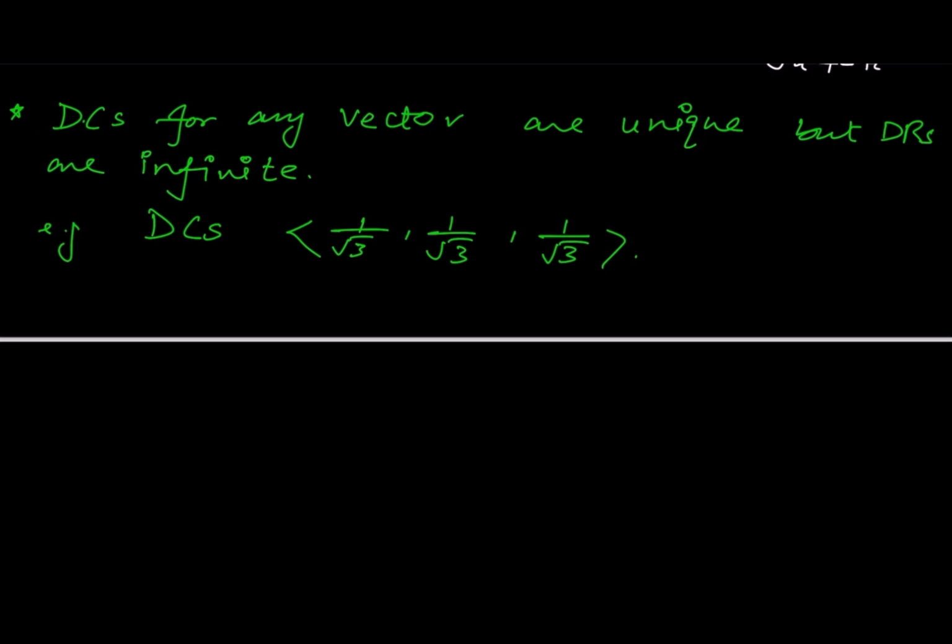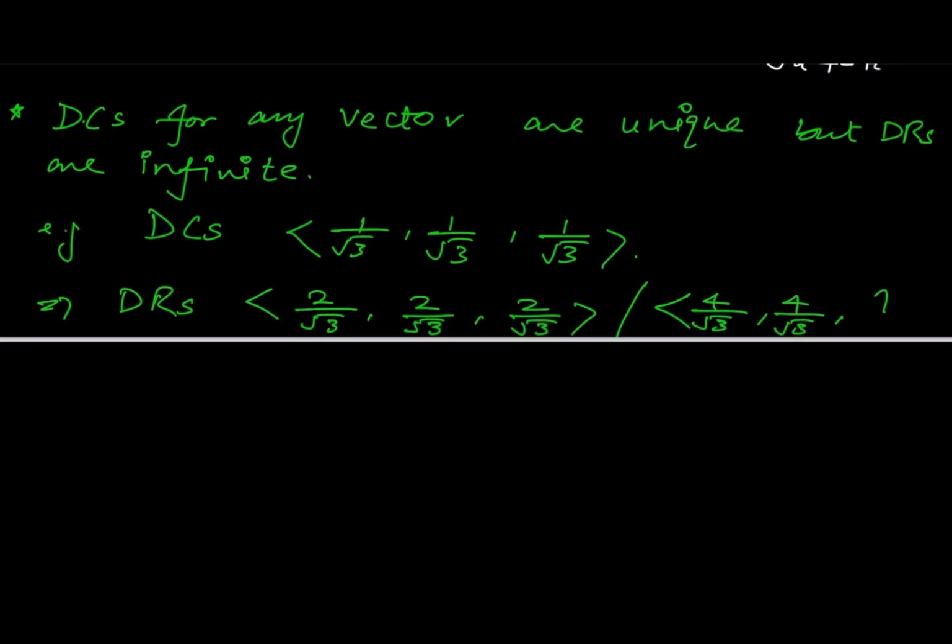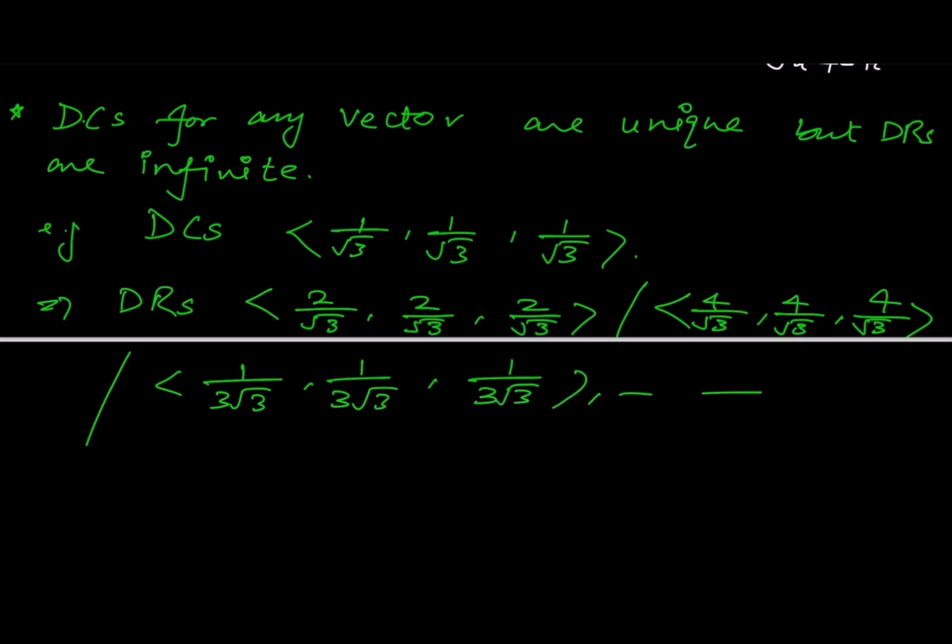So a, b, c corresponding to these DCs can be any three numbers which are in the same ratio. That is, DRs can be defined as 2 by root 3, 2 by root 3, 2 by root 3, or 4 by root 3, 4 by root 3, 4 by root 3, or 1 by 3 root 3, 1 by 3 root 3, 1 by 3 root 3, and so on.